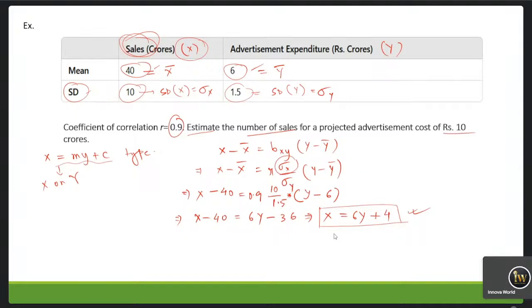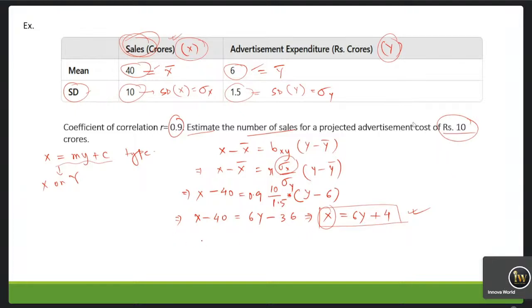Now we need to predict the value of x. Value of x means the value of sales. What should be the sales if we spend rupees 10 crore on the advertisement cost? The advertisement cost is represented as y, so we put the value of y as 10 here.